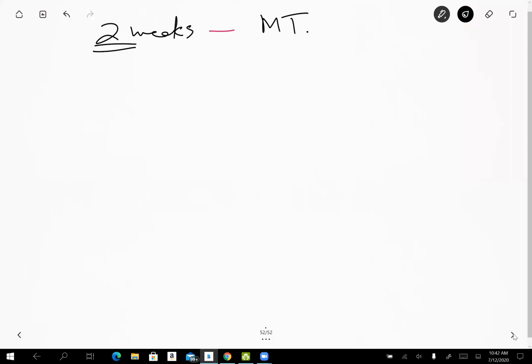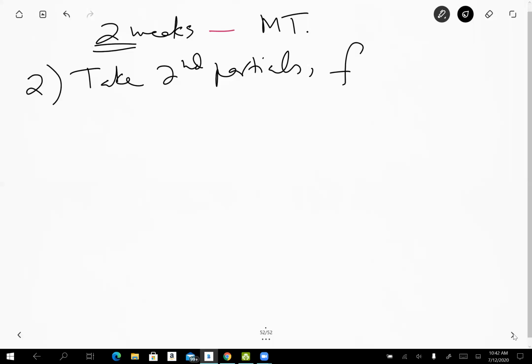So the test. After you have found the critical points, we take the second partial derivatives, namely fxx, fyy, fxy. And if you want, you take also fyx, but we just need this one.